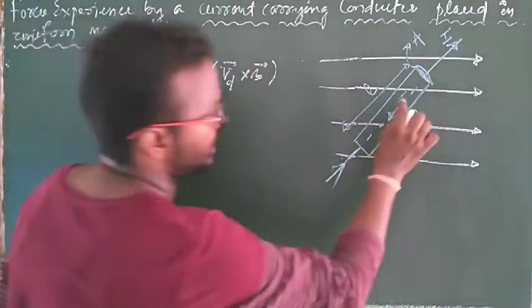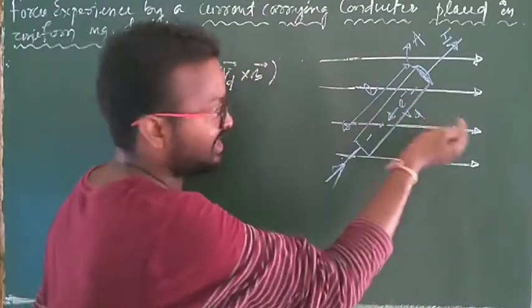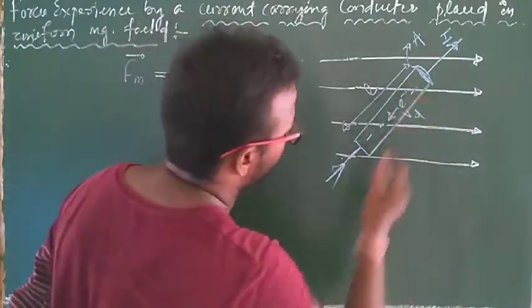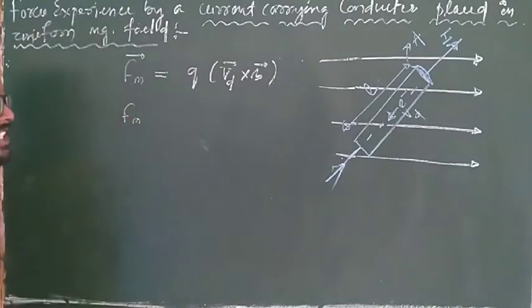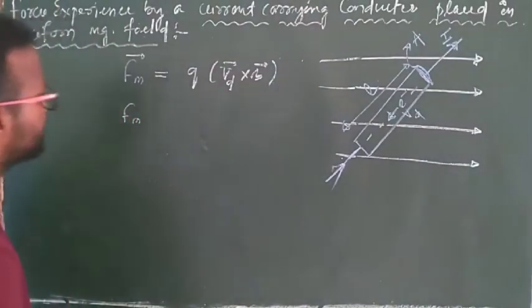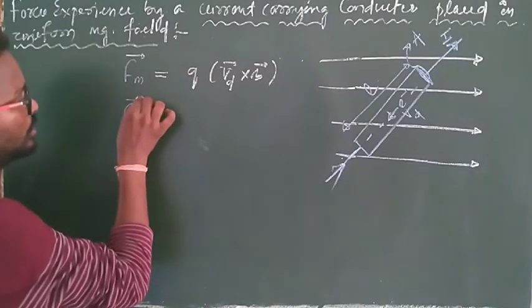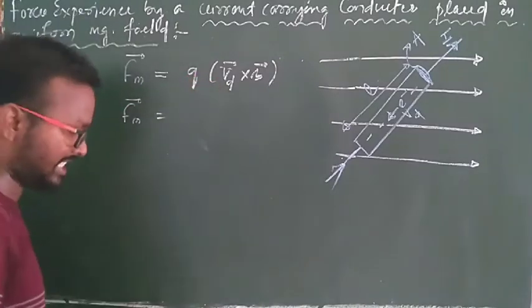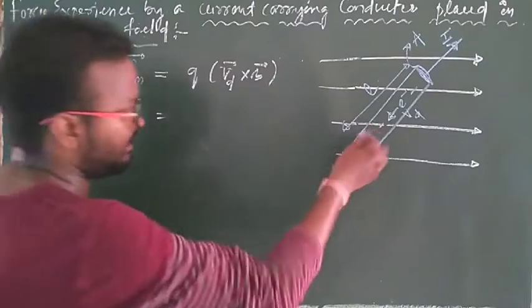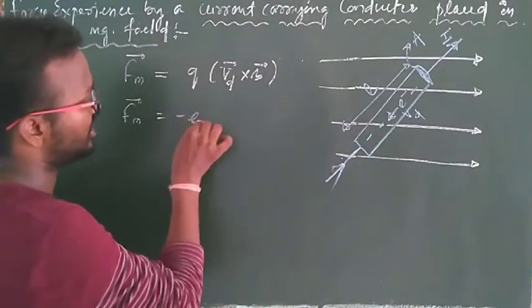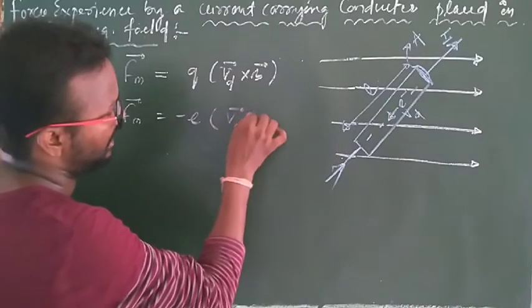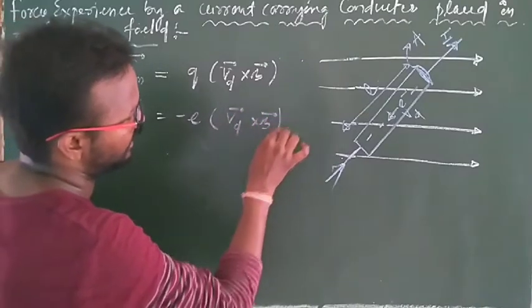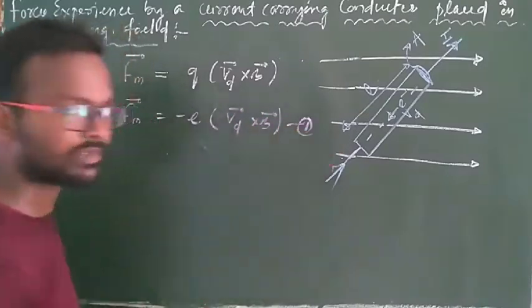So the force experienced by each electron inside the conductor, that is Fm, force experienced by each electron, Fm equals, here the charge is negative, so we write minus e into drift velocity of electron Vd cross magnetic field B. This is equation 1.